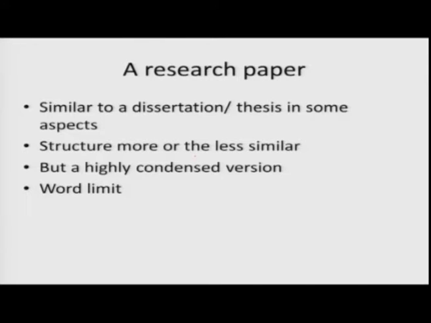However, a research paper has a strict word limit. Most of the time it is about 2000 words to 5000 words. So, one aspect which makes a research paper different is that it is a highly condensed version.